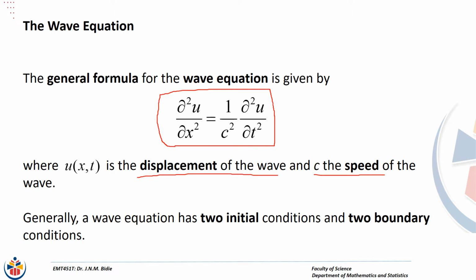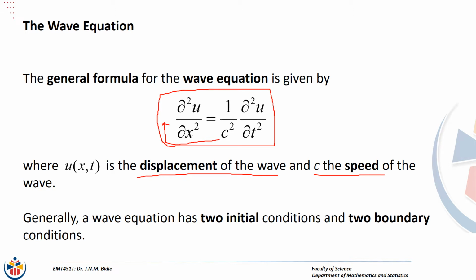Now, one other thing that we need to note: sometimes this wave equation is written as c squared multiplied by d squared u over dx squared equal to d squared u over dt squared. So let's not get confused. c squared might be multiplied to the second derivative of u with respect to x in some equations or problems that we may encounter.